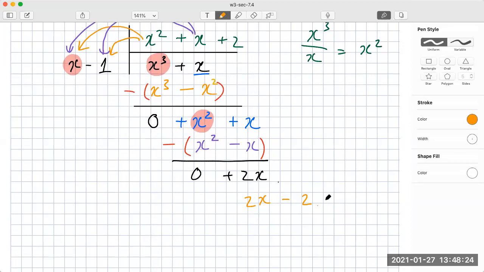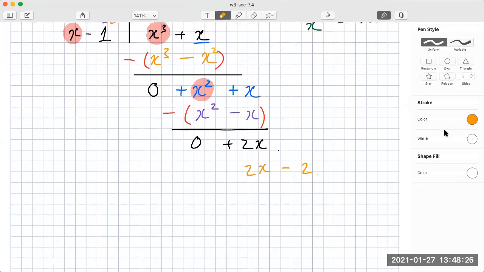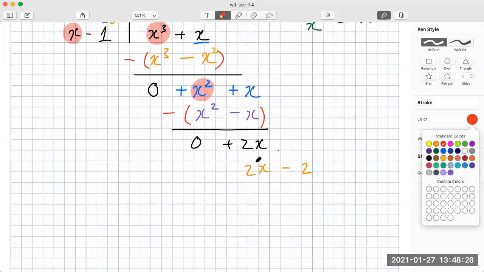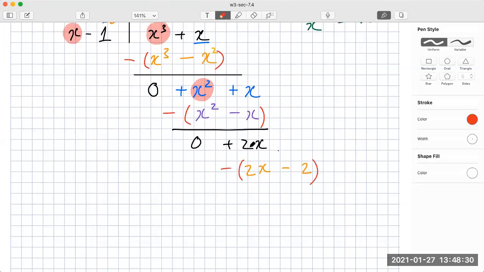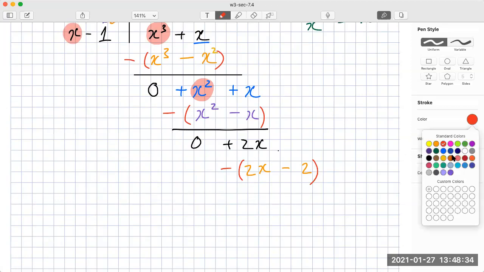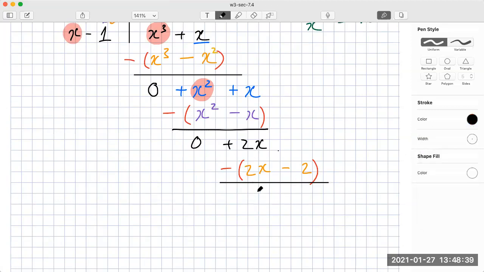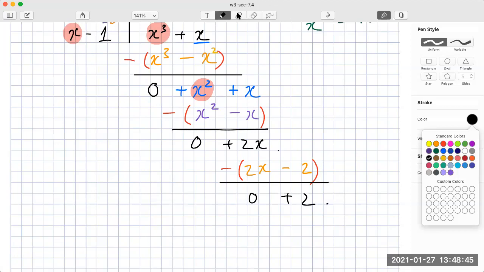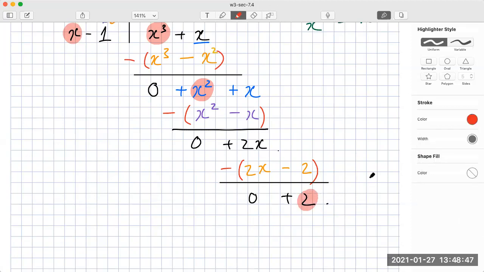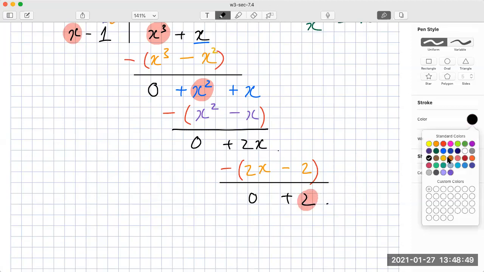Very good. Then subtract, right? It will be plus 2. So this is the remainder, right? Very good.